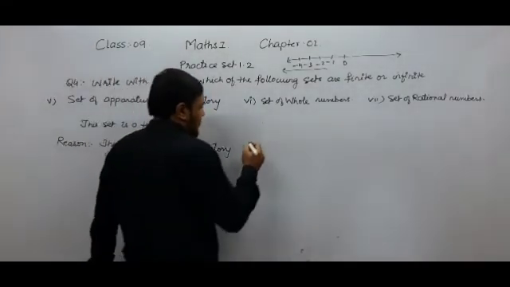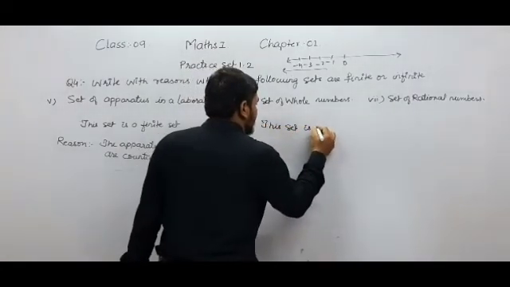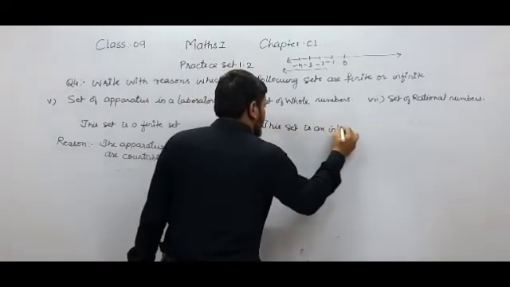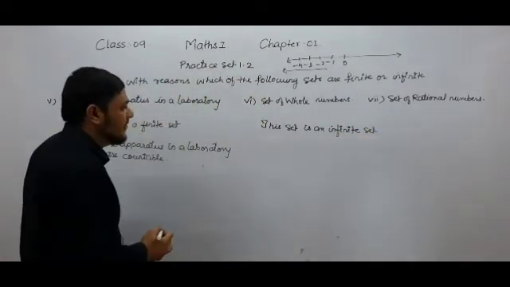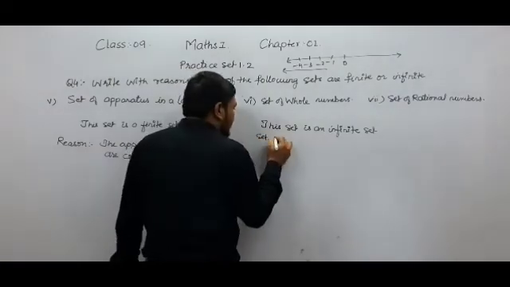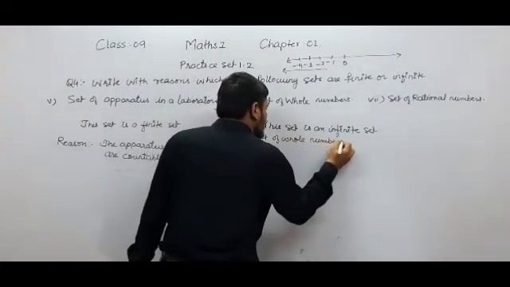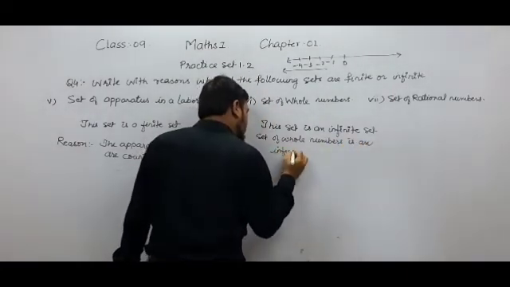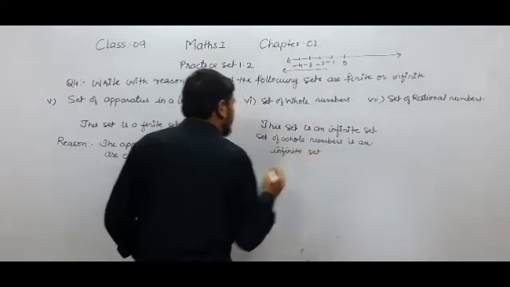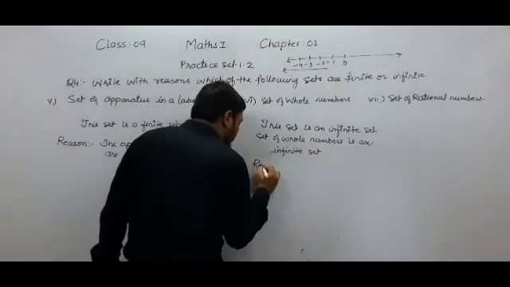So set of whole numbers, this set is an infinite set. Or you can say that the set of whole numbers is an infinite set. Now we can give the reason for that.